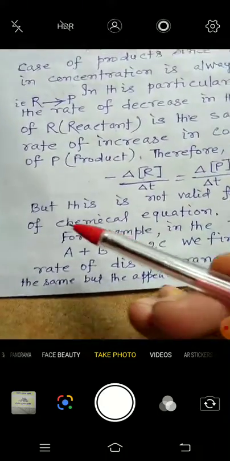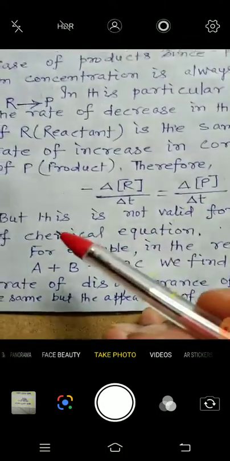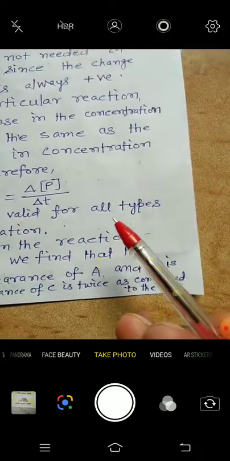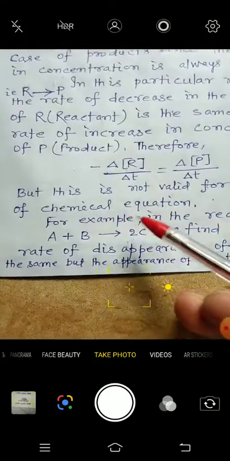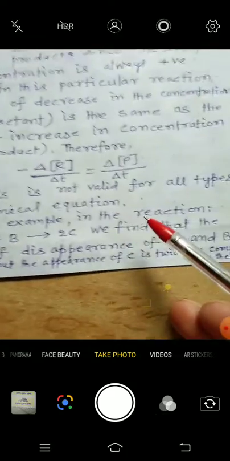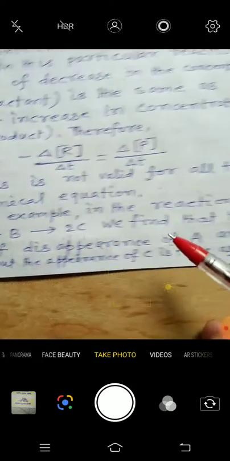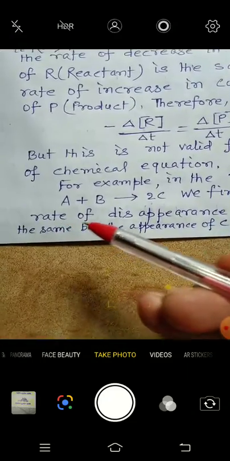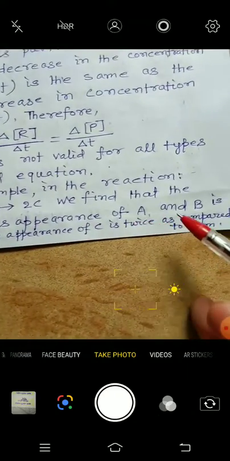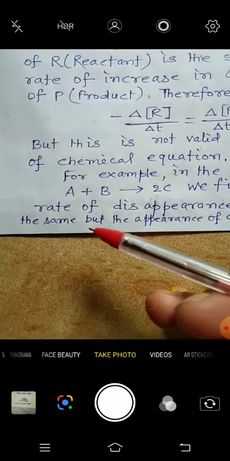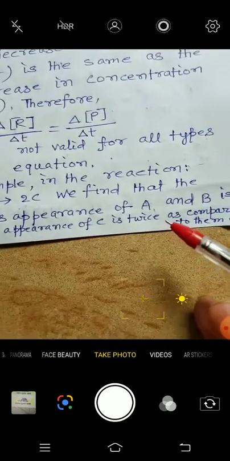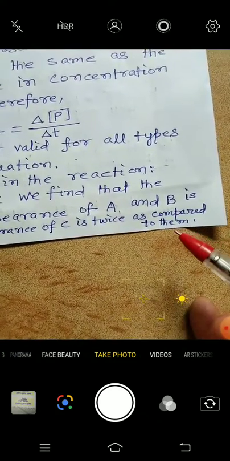Let us understand. That's why it is said that it is not valid for all types of chemical equations. For example, in the reaction A plus B gives 2C, we find that the rate of disappearance of A and B is the same, but the appearance of C is twice as compared to them.